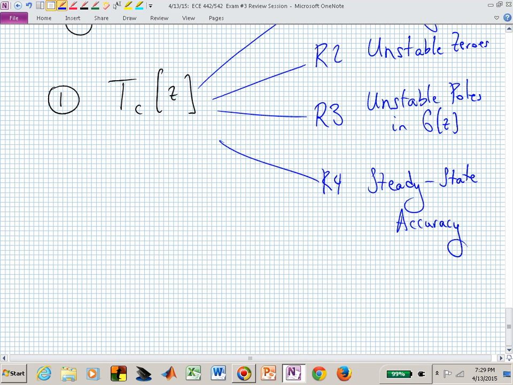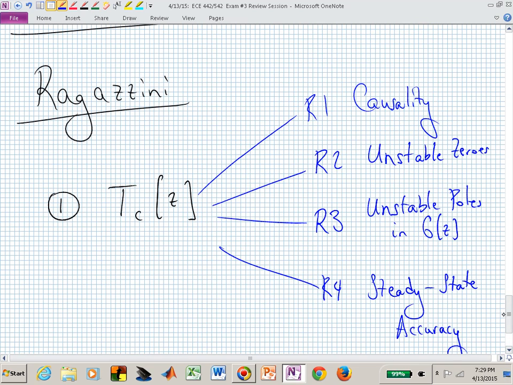Maybe you need a certain error due to a ramp signal. That's restriction 4. Once you've built this, that's the hard part. Building T sub C of Z.